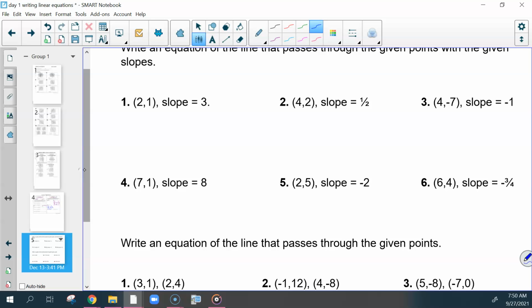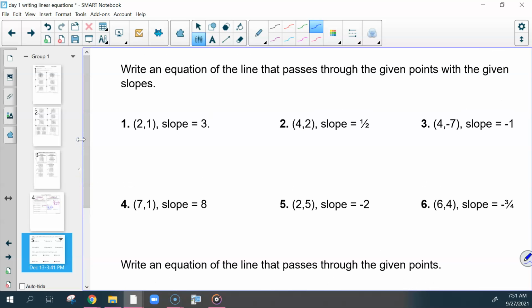So this is the last type of writing an equation you'll see. Some of them you'll be given a slope and point. Somewhere you have space. I think you have space at the top. Write this.